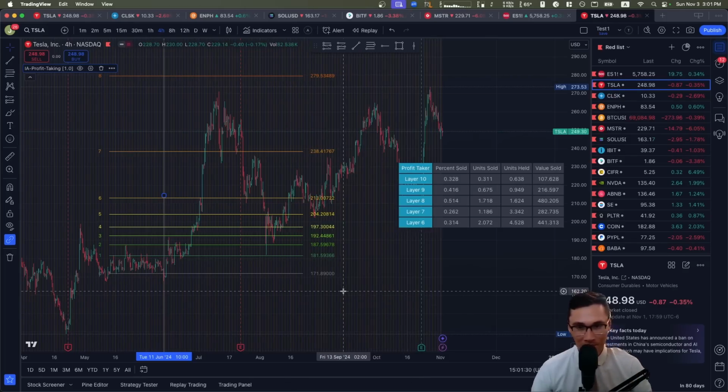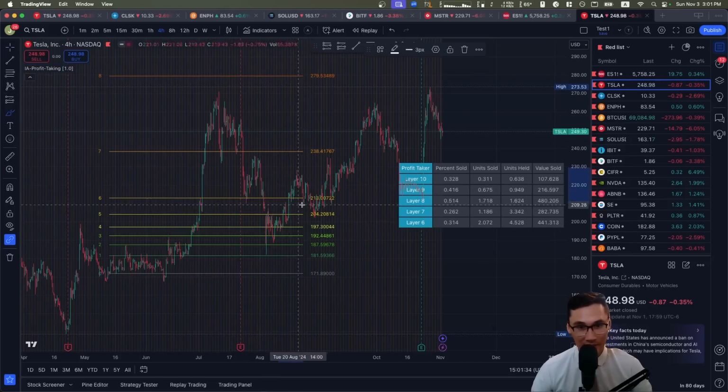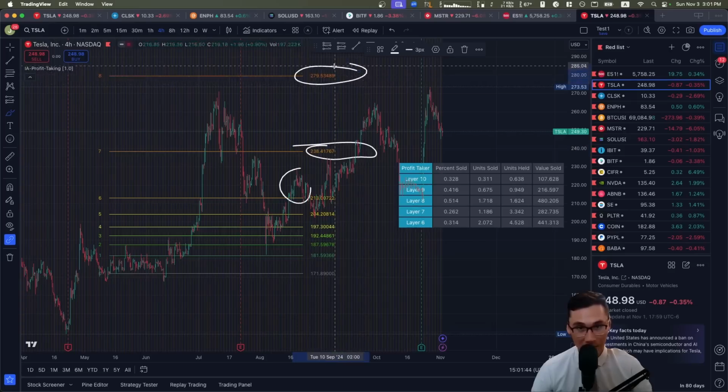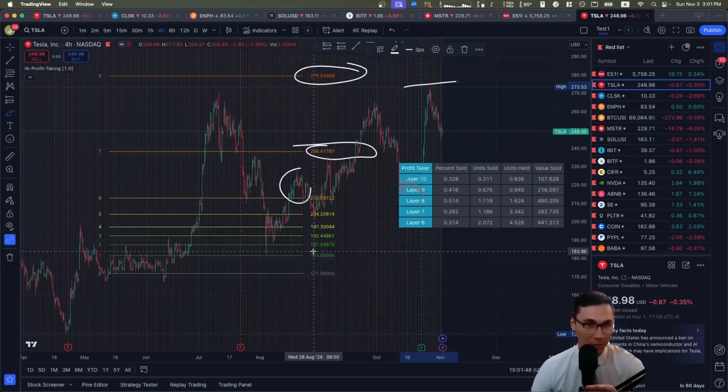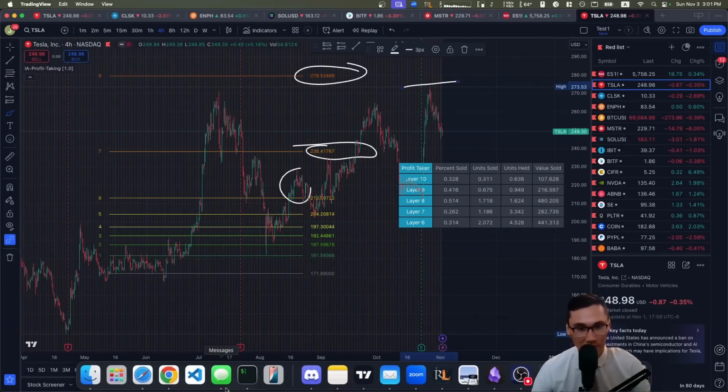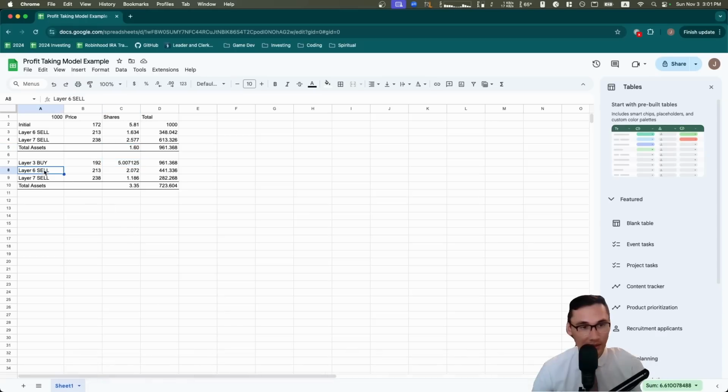All right. We ran back up to our layer 6 here. Right, so we would have taken off 2.07 shares, and then we hit layer 7 again. And again, we did not hit layer 8. We almost did. But let's just assume you didn't take any profits, only at layer 6 and 7. Okay, so we've got 1.1 at layer 7 and 2 at layer 6.